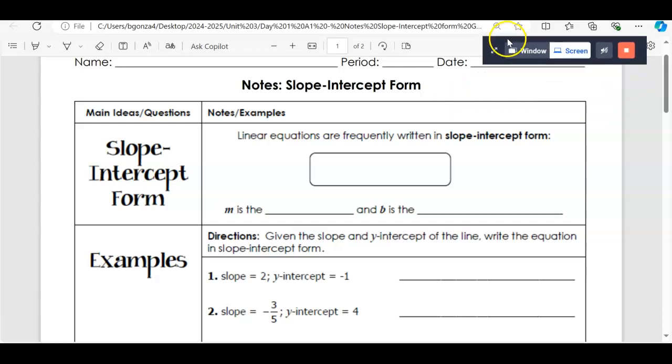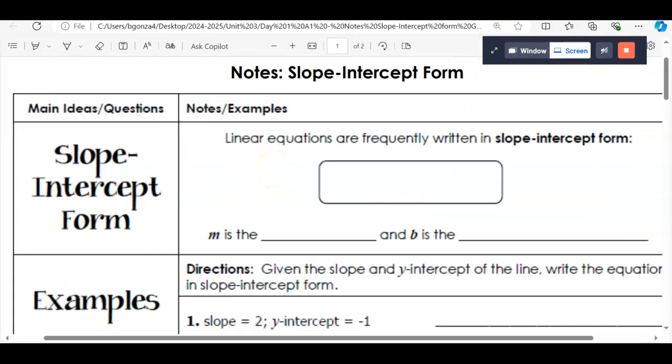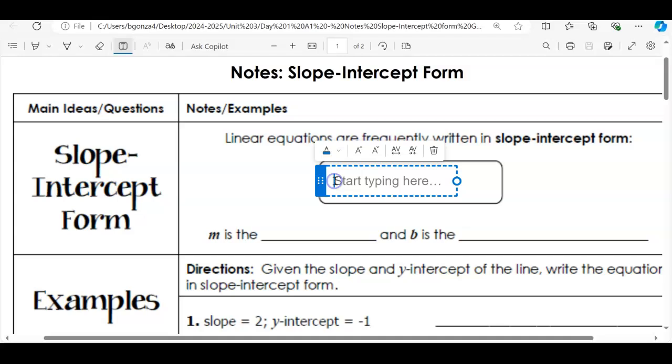All right, let's see if y'all can help me. We are talking about the slope-intercept form of a linear equation, okay? Y equals what? What do you normally have y equals what? Do y'all know the slope-intercept form?